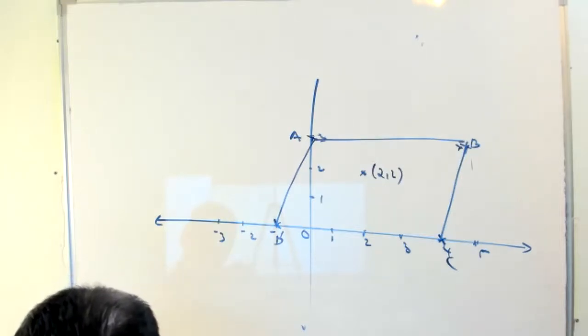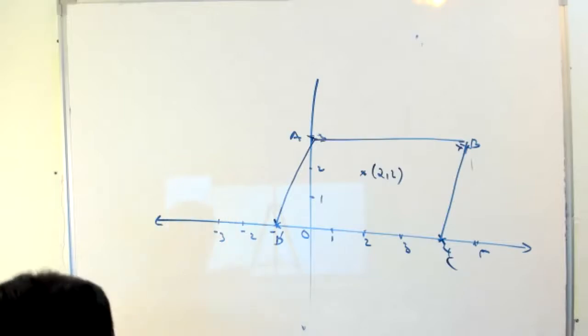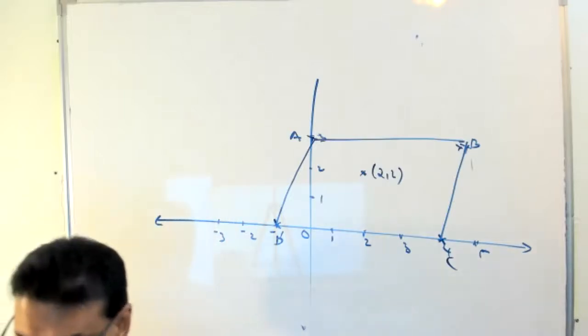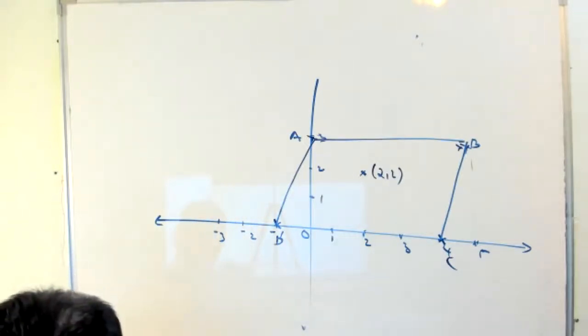So the third one is 2 and 1, right? So the C point is 2 and 0, right?